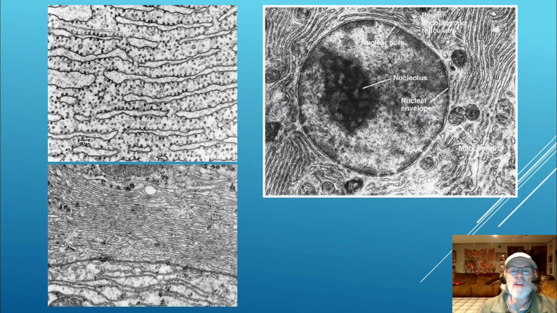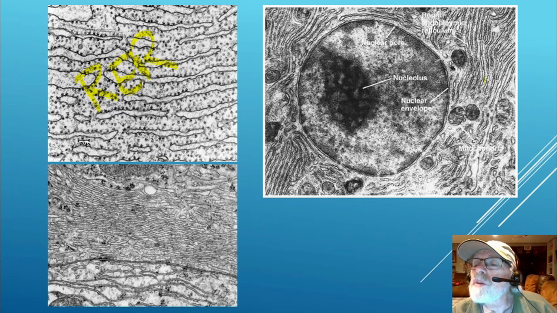Now, if we look up in here, these are some nice pictures, I think. What's this right here? This is going to be rough endoplasmic reticulum. Why? Because see all the little dots, all those little dots are the ribosomes. Okay, if you look over on the picture on the upper right, hard to see, but if you look really close, there are little dots all over that.